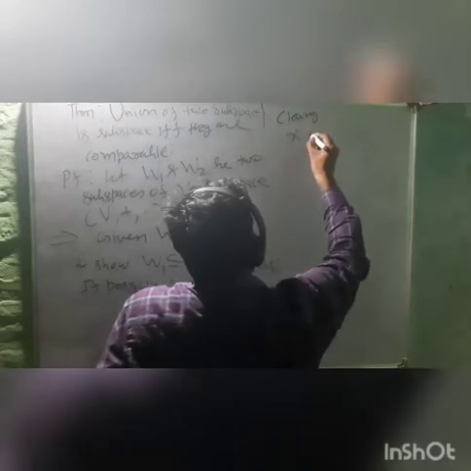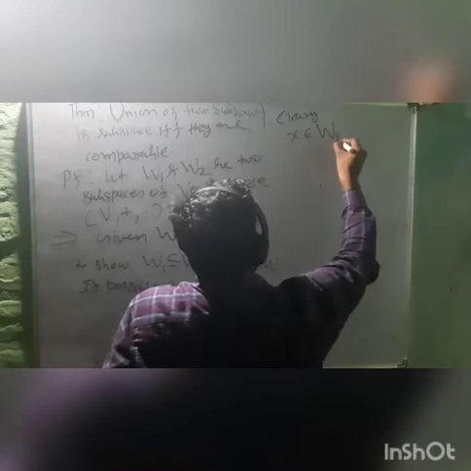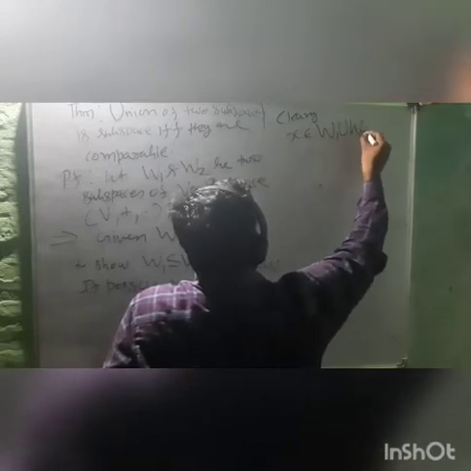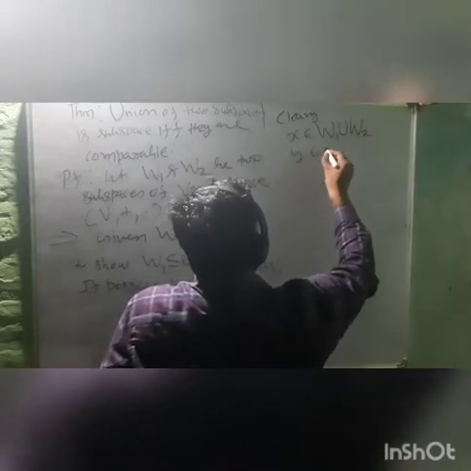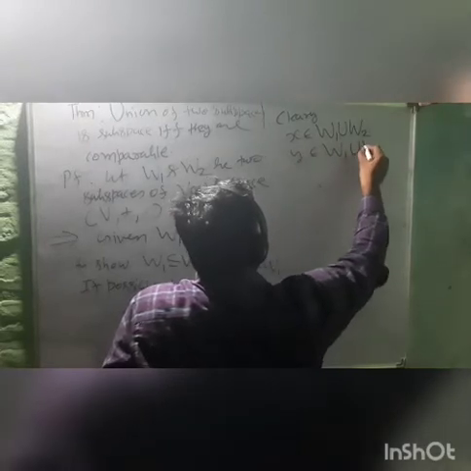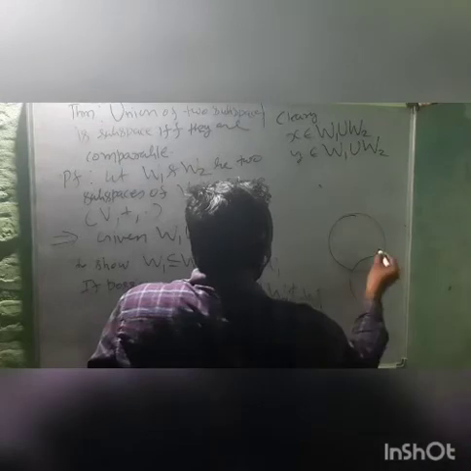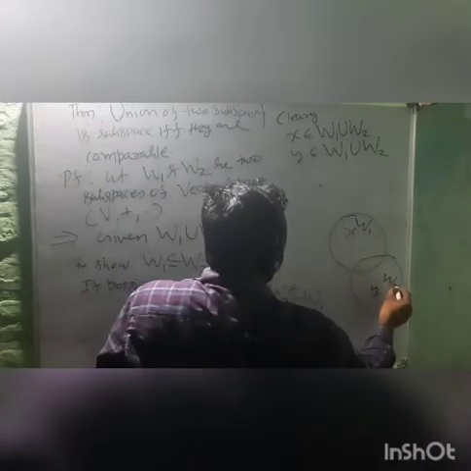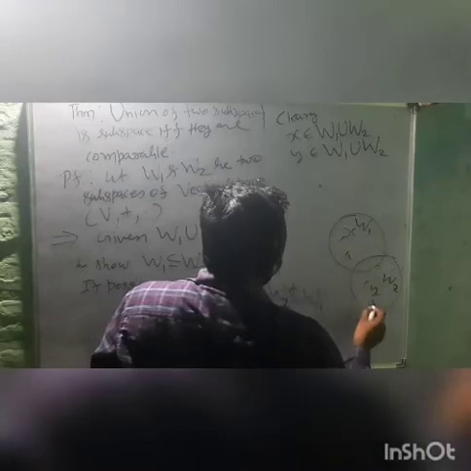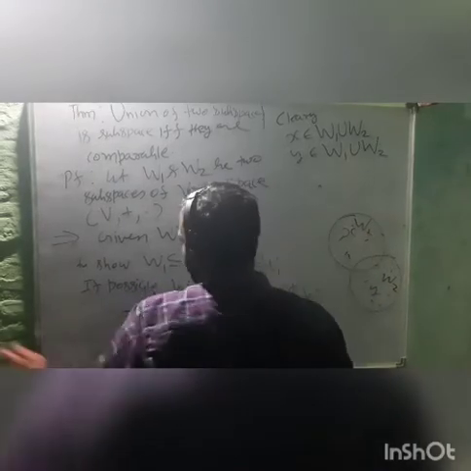X belongs to W1 union W2 and Y also belongs to W1 union W2. Look, this was our X, this was Y, W1 and W2. So they both are going to be in their union. That is very obvious.